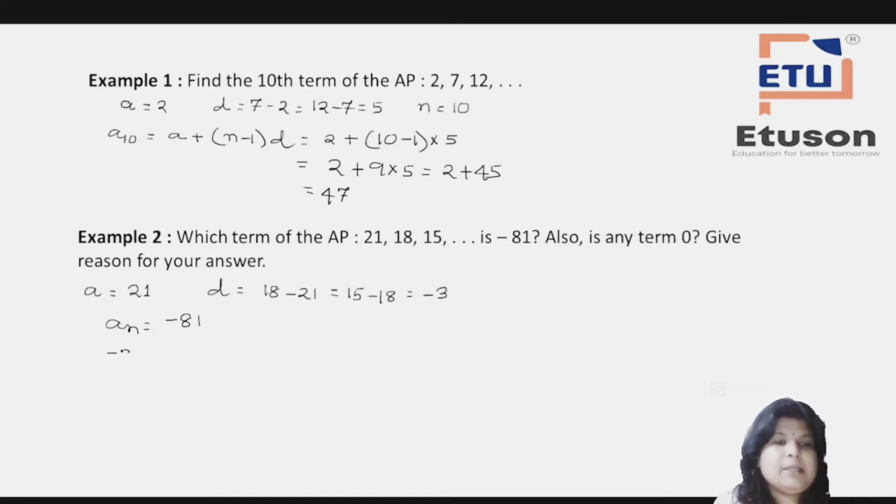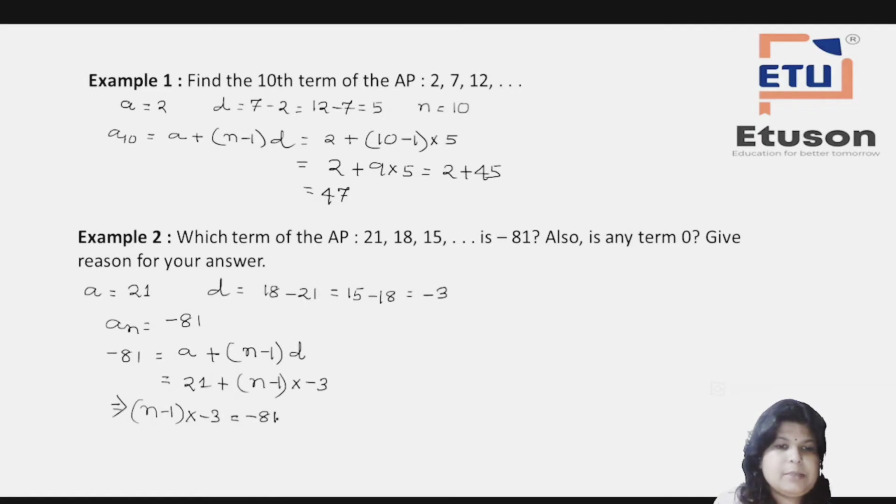Okay, so minus 81 is equal to a plus n minus 1 into d, right? So that is equal to how much? 21 plus n minus 1 into minus 3, correct? So you'll be getting n minus 1 into minus 3 is equal to minus 81 minus 21, which is nothing but equal to minus 102.